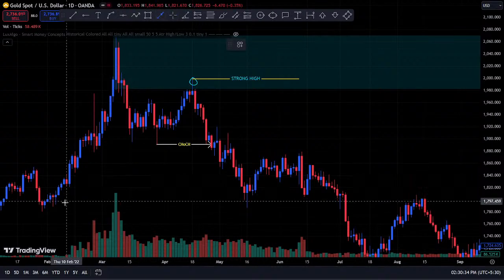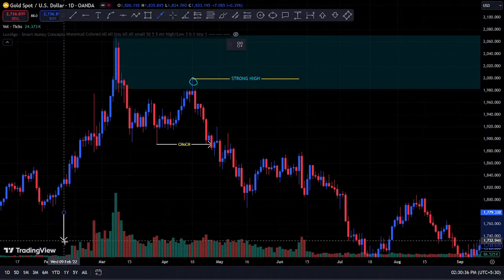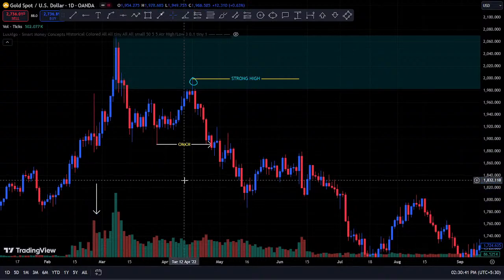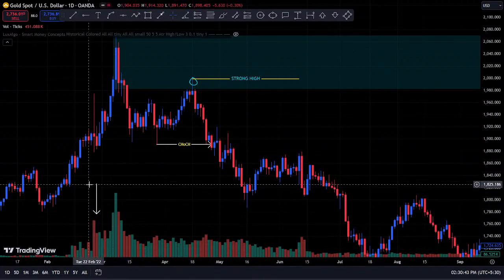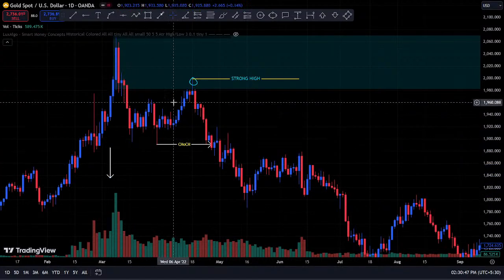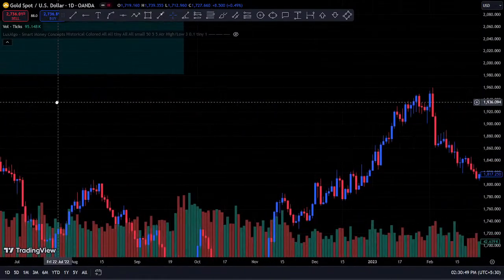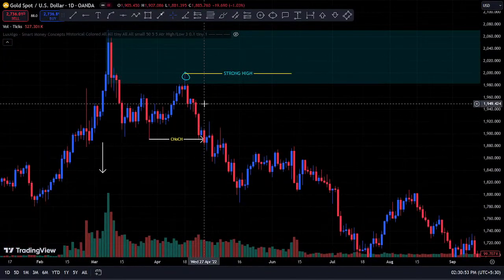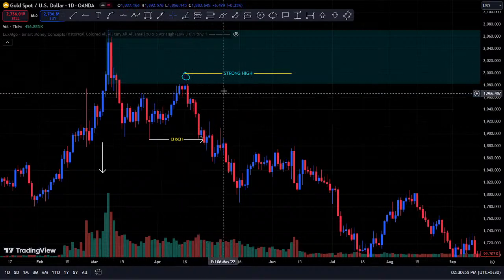So the overall trend is bullish, but the intraday trend, the lower time frame, short term trends are negative. So if you want to make a profit, I'm going to observe this particular thing.